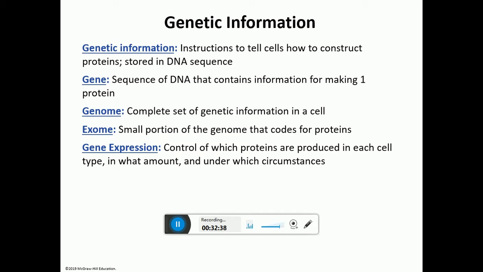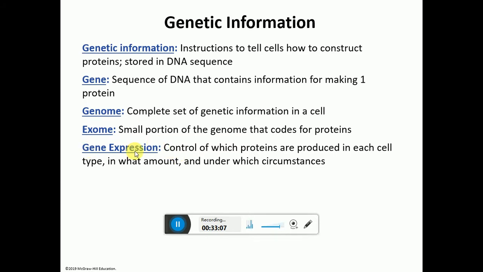Again, the gene is made out of parts that are going to be made into proteins, the exome, and other parts that we'll talk about later in this chapter that do not code for a protein, but if you put them both together, it'll make a gene. A genome is the complete set of genetic information that is found in a cell.